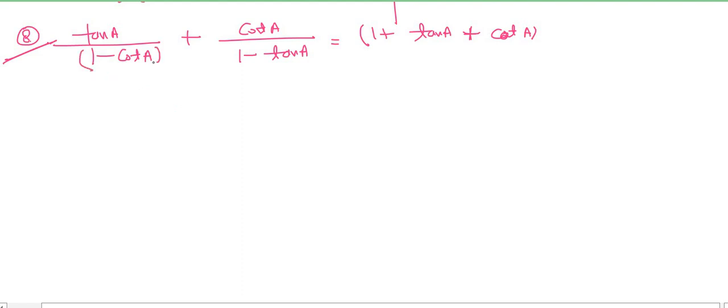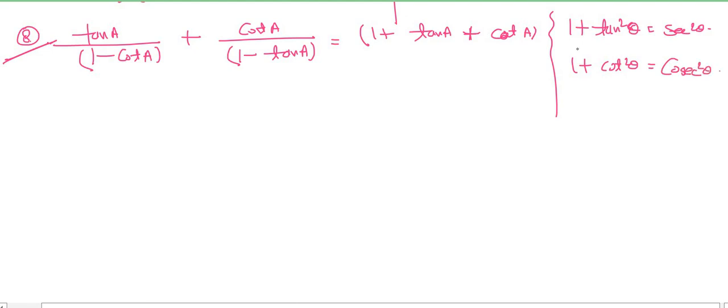This is 1 minus cot A and this is 1 minus tan A. So we don't know any formula which is closer to these two, and I don't think we can apply anything, right? See, I know one formula like 1 plus tan square theta is sec square theta, and 1 plus cot square theta is cosec square theta.